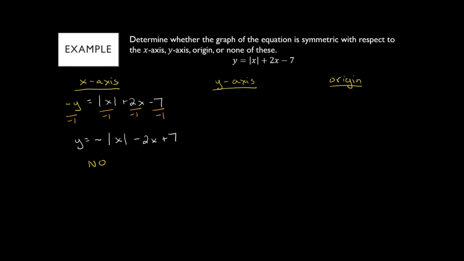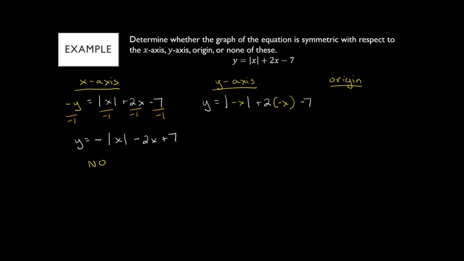So now let's take a look at y-axis where you plug in a negative x. So I've got, make sure I got my right color, y equals, and then I'm going to plug in a negative x into my absolute value. Plus 2, and then we're multiplying that by negative x because we're replacing x with negative x.